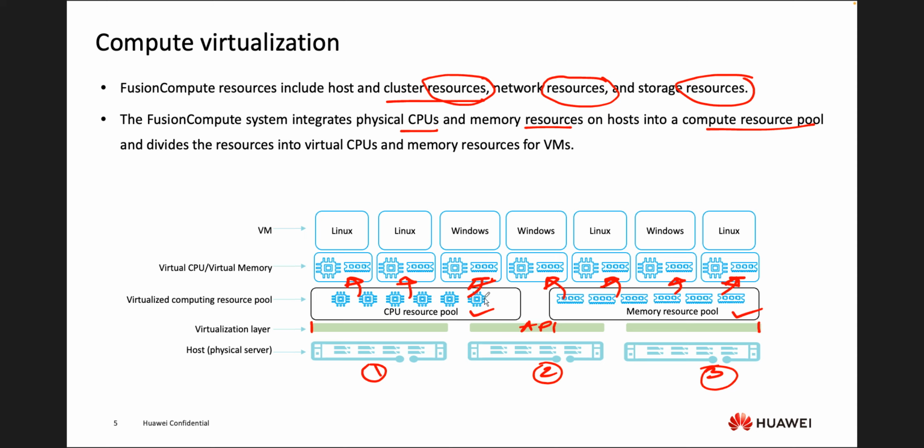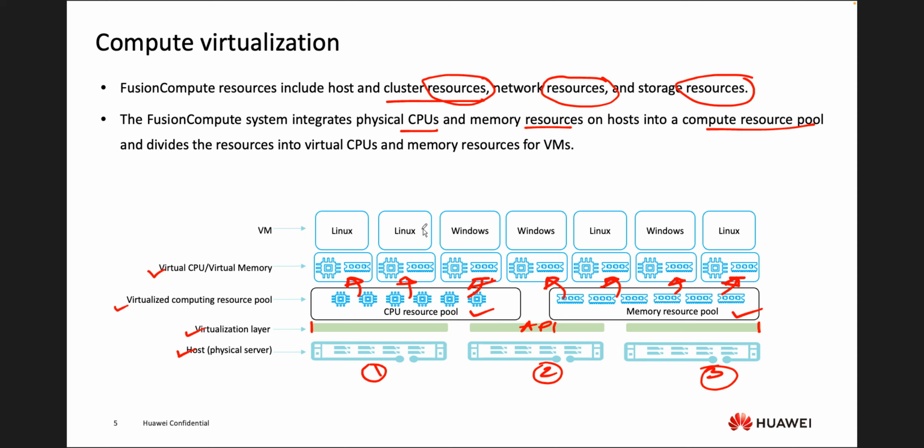And that is ideally what you want to see. So you have your physical servers, your virtualization layer, the storage and computing resource pool, and then your virtual memory that's now available to use for your operating system.